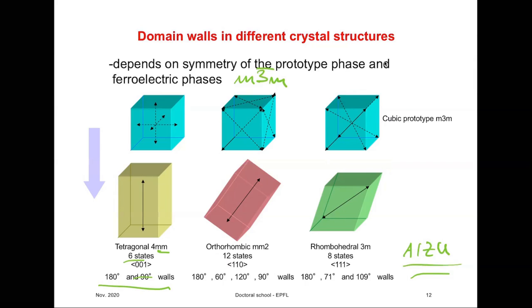For example, lead titanate and barium titanate both have an m3m structure, but barium titanate gives you only the 4mm ferroelectric phase, while this one gives these 3: tetragonal, rhombohedral, and orthorhombic phase.